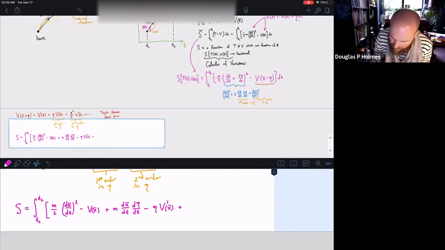And I'm going to collect all those higher order terms in this symbol over here, this big O.